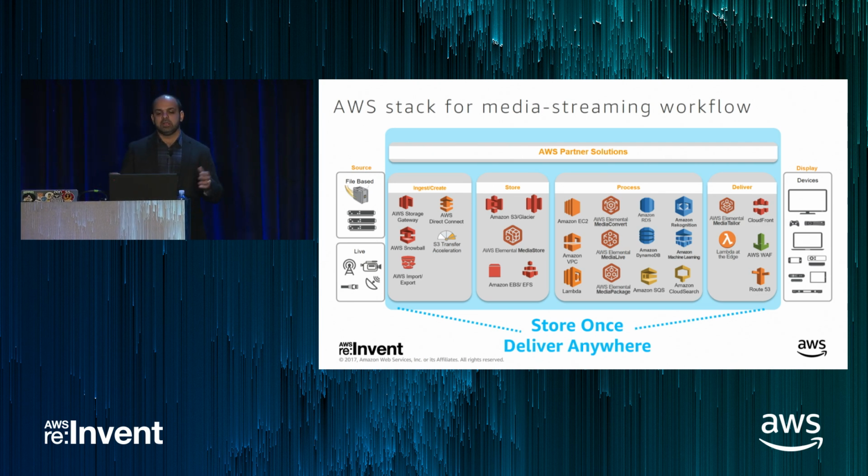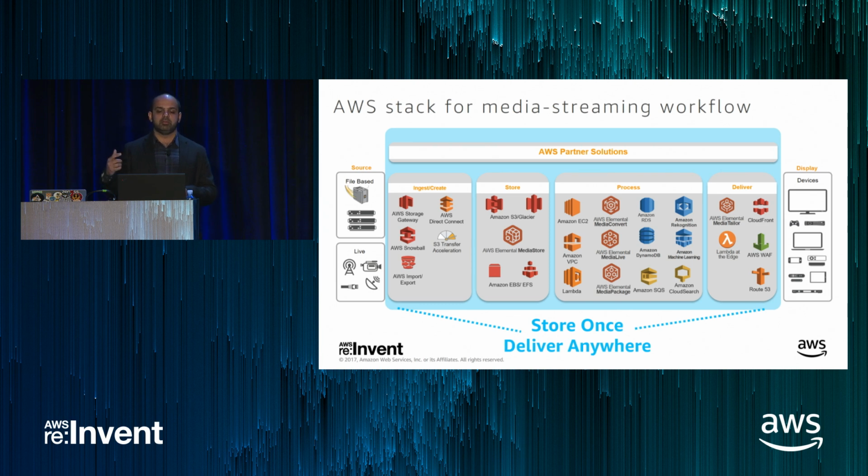So as you can see, this entire end-to-end workflow, and we are talking about, by the way, just the delivery aspect of it, right? We're not even talking about the content production aspect. There is a whole lot more to offer from the AWS side on content production. But on the content delivery side, there is a whole set of services that we will use as building blocks to build these high-level, up-the-stack solutions, such as the one we're going to talk about.